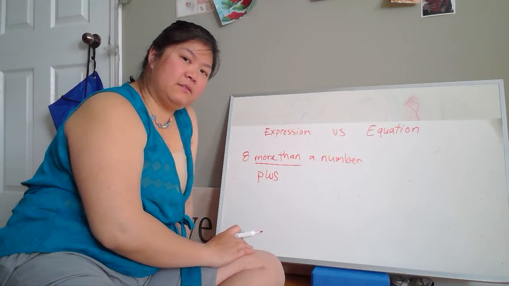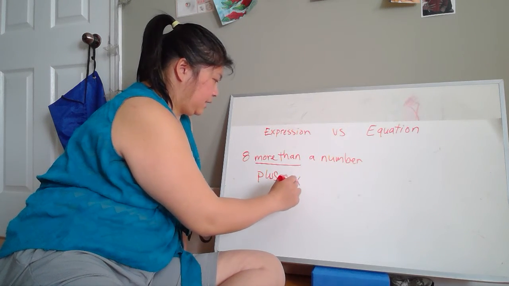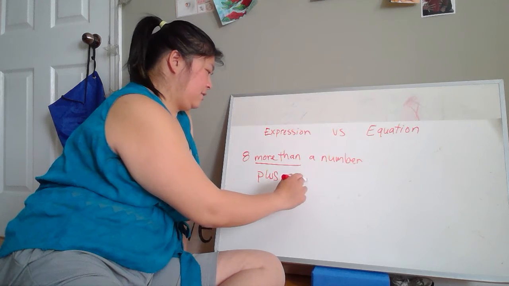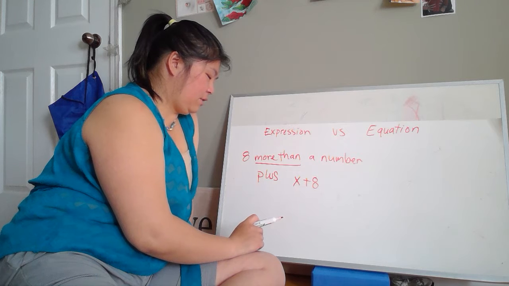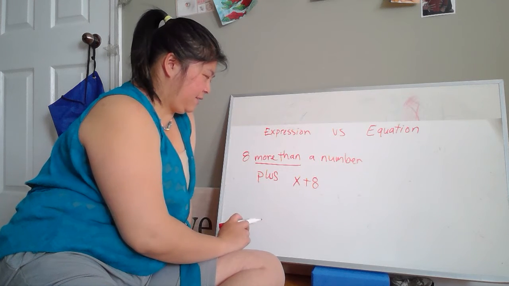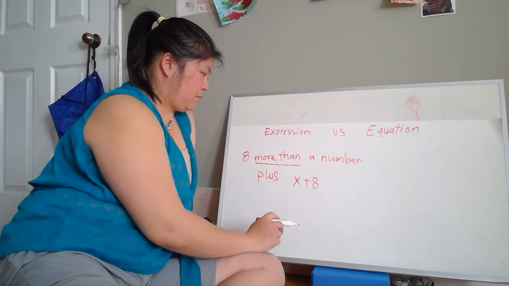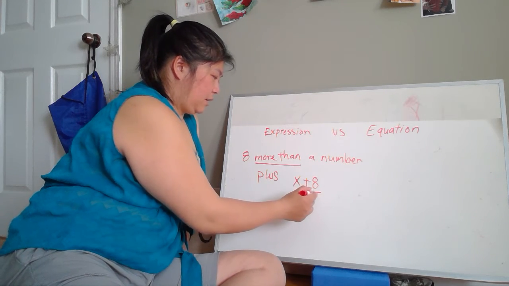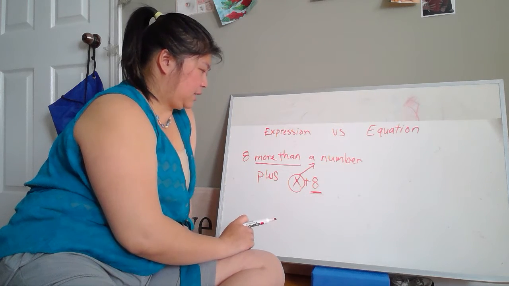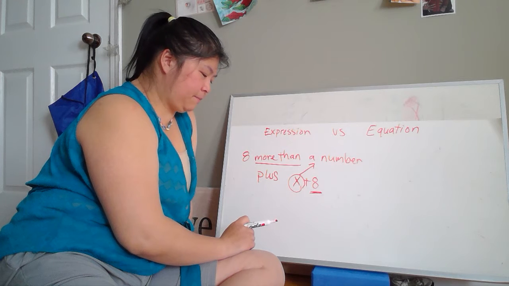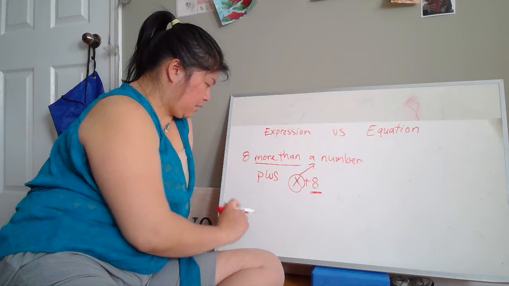More than is addition. So a number, we can represent that as x. 8 more than a number: the number is the variable, plus 8, so x plus 8.